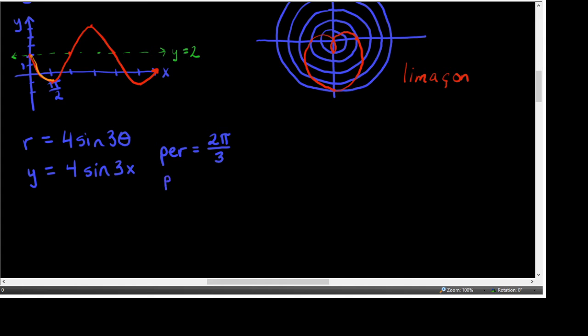Then, if you break that into 4 equal parts by dividing the period by 4, that will inform you on your rectangular graph how to space the marks on the x-axis. So that results in 2 pi over 3 divided by 4 is pi over 6.